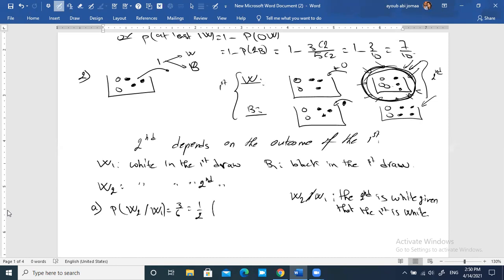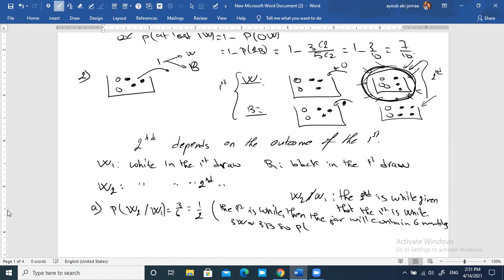If you want to explain, the first marble is white, then the jar will contain 6 marbles, 3 white and 3 black.